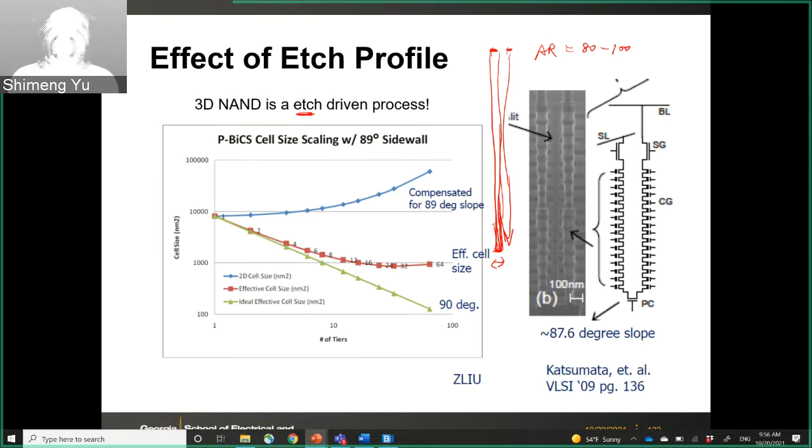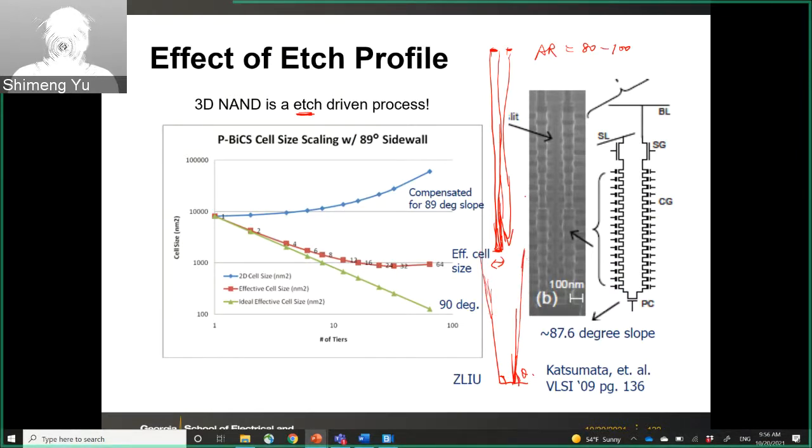And then you need to think about the angle here. Let's say this angle, theta. If you can make it perfectly vertical, then of course with the increase of the tiers, the cell size equivalently will reduce. But if you cannot make it vertical, then you have this kind of angle.